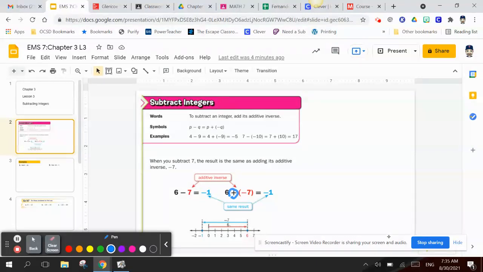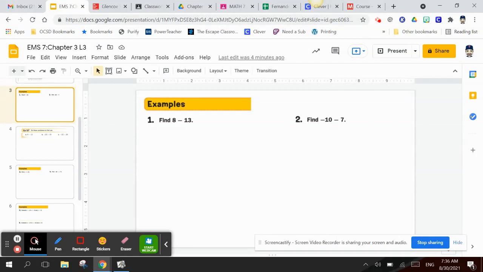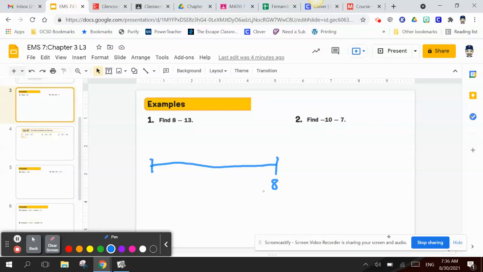Okay, a number line here can always work to help you decide what your answer is. So we look at a couple of examples. If I look at example 1, I have find 8 minus 13. So if I were to draw a number line here at 8, and I'm going to go backwards, subtract 13.